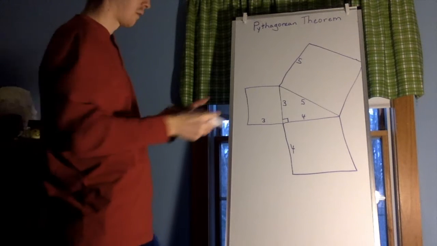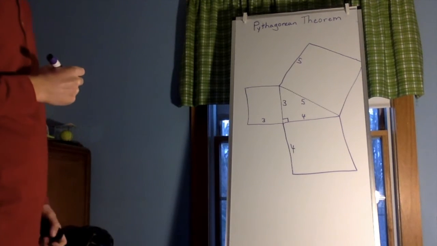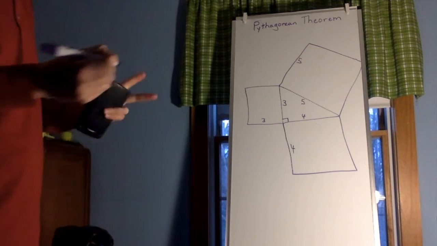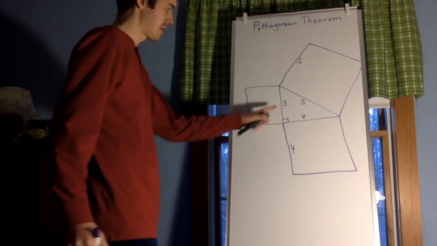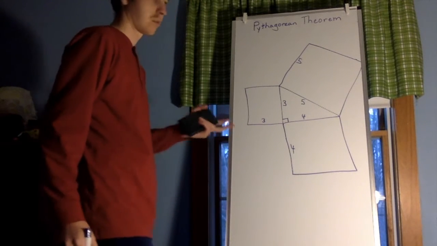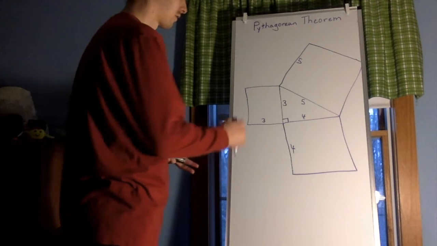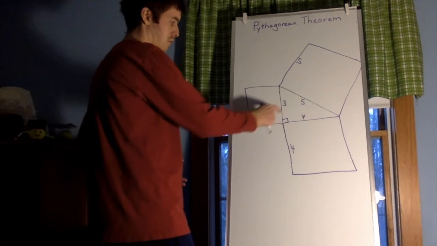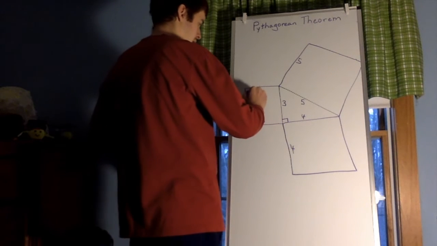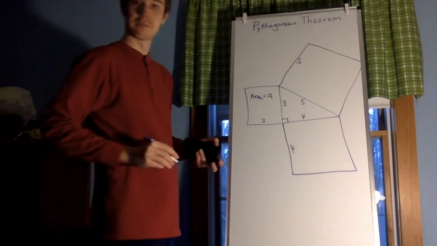Now, what's interesting about this? Well, let's figure out the area of each of these and see if we can do something with that. My first one right here, a 3 by 3 square. My area of a square or of a rectangle says to find the area, I multiply length times width. So 3 times 3, area is going to be 9.